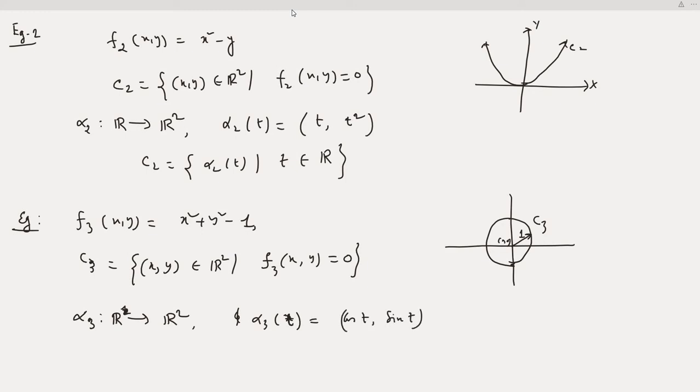Similarly C3 equals the set of alpha 3 of t such that t belongs to R. All of these are examples of smooth curves.